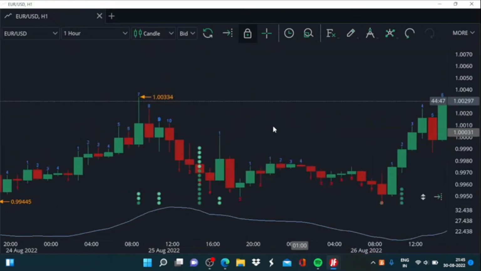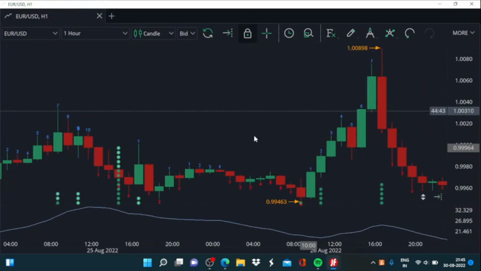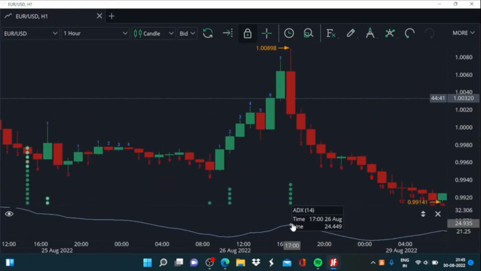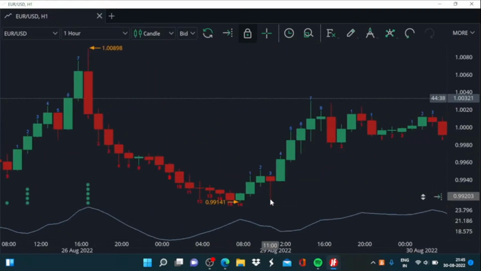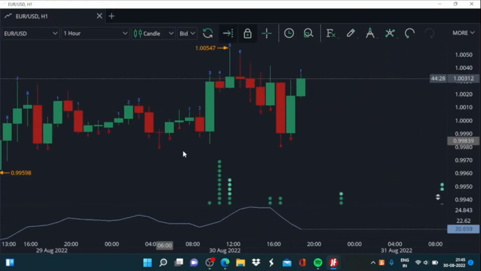And after that, the ADX again declined, and there was no strong trend for quite some time. It took a couple of days more for the hourly ADX to again climb above 25. So here it happened in today's session only that we saw the ADX climbing above 25.